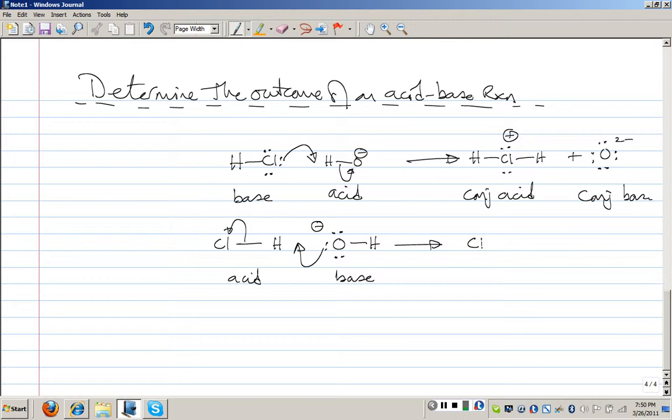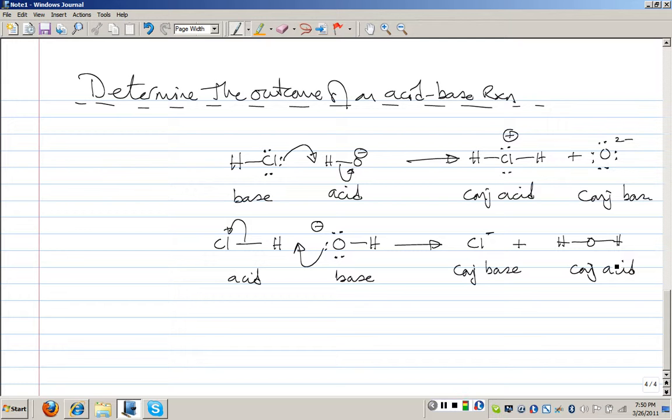So we would get Cl minus, and we would get H2O. In which case, I would define the species formed by the acid losing a proton as a conjugate base, and I would define the species formed by the base accepting a proton as the conjugate acid.